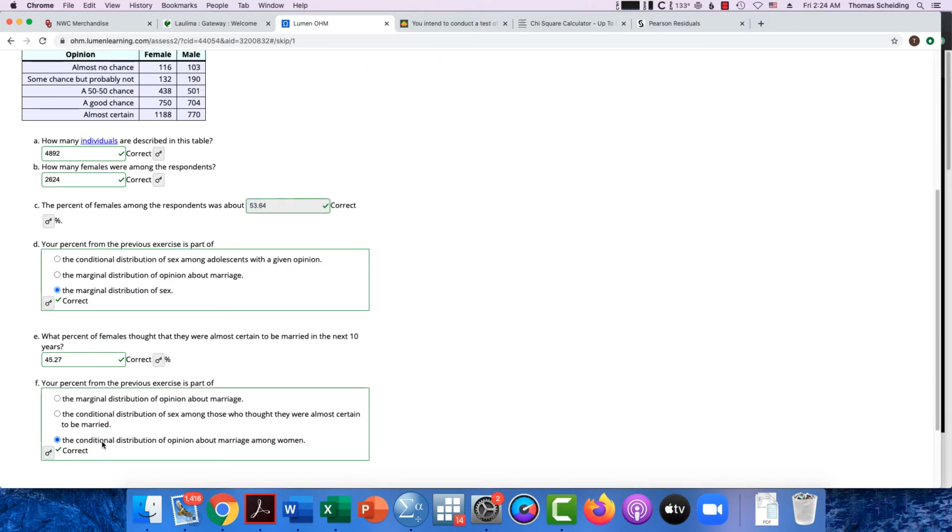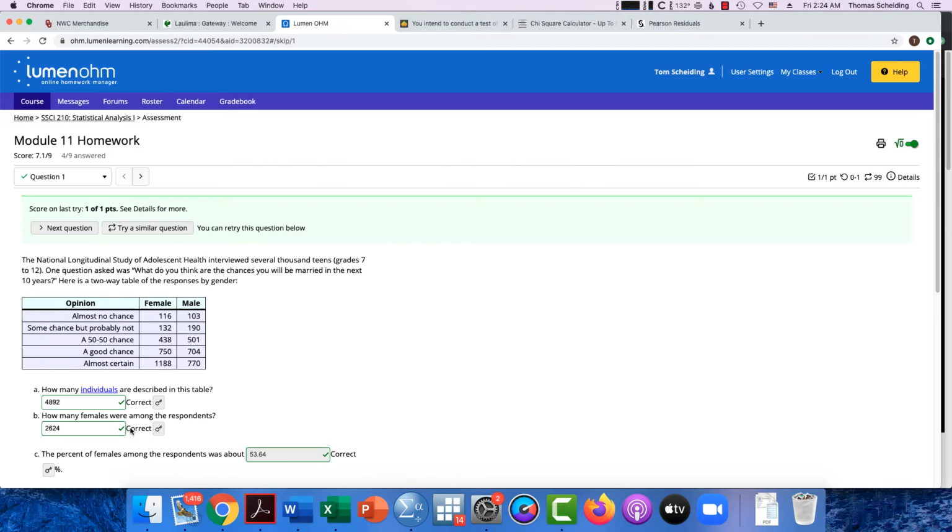And that's your conditional. If you are certain to be married, based on that condition, what percent of those are females, which is why we're saying it's a conditional distribution of opinion about marriage among women.